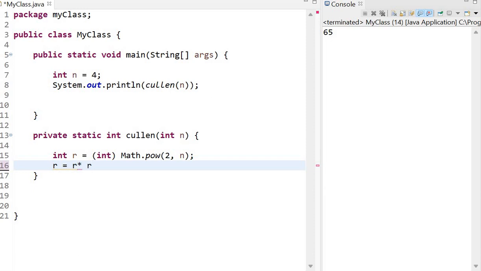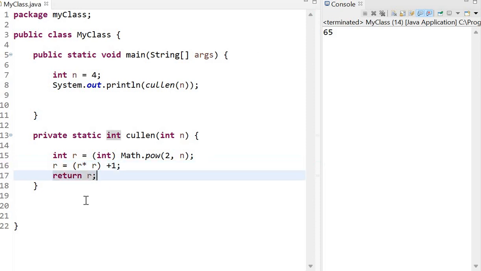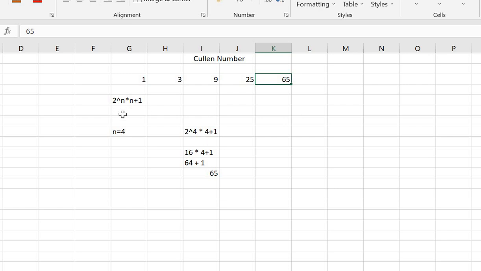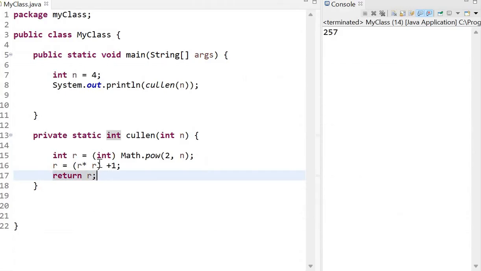After multiplying it, I will add 1 and return r. We can also write the statement in the same line, that is also okay. So we have 2 raised to power n, then into n plus 1. Can we do something like this?